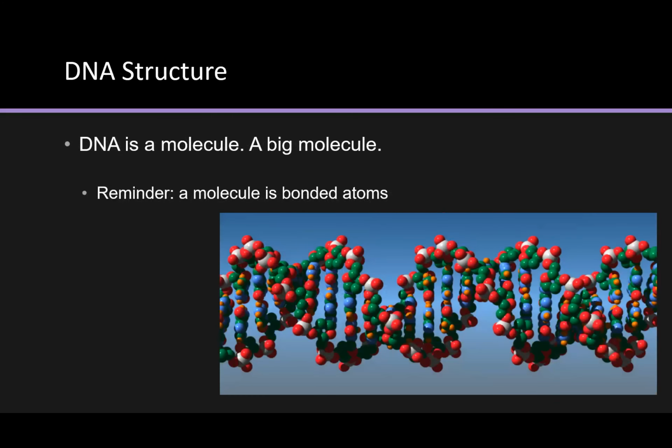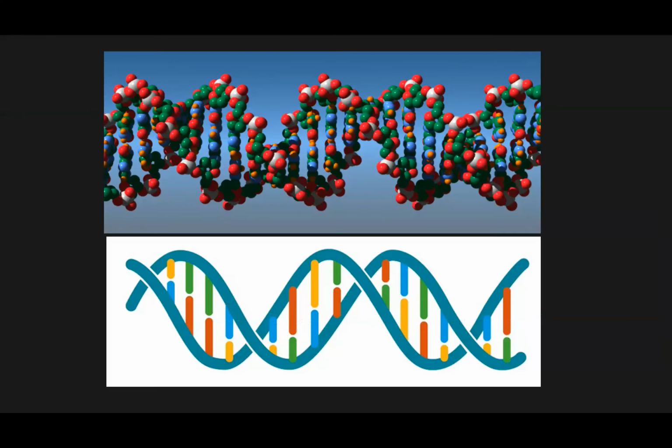So going back to our analogy, remember that DNA is a big molecule. I mean really, really big as far as molecules go. And a molecule is just made up of bonded atoms. Now we can see in the bottom diagram a bit more clearly what the structure of the DNA is.